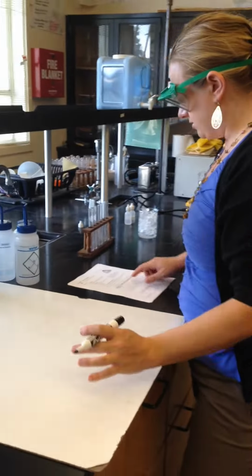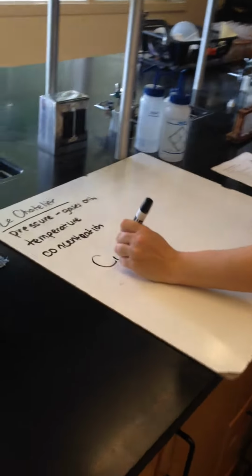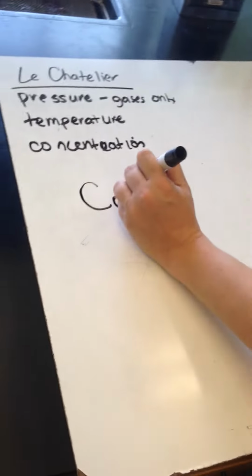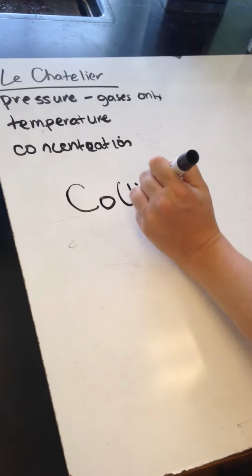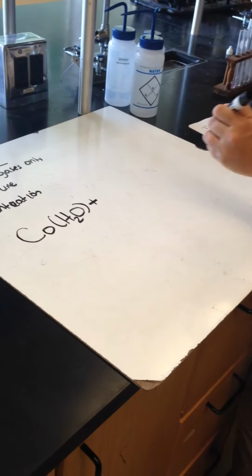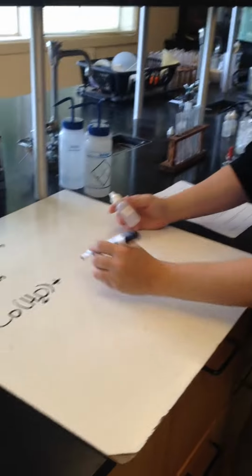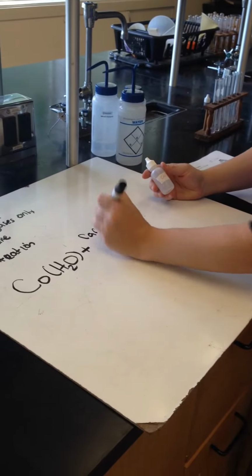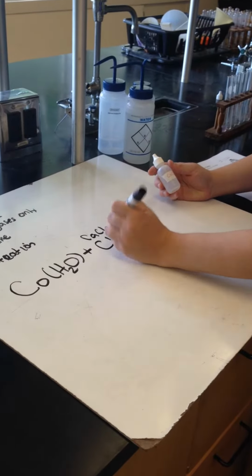Okay, so in today's lab, what you're going to do is experiment with cobalt, which is going to be dissolved in water. So I have the cobalt here, dissolved in water. We're going to react it with calcium chloride, and that's going to give us extra chlorine.